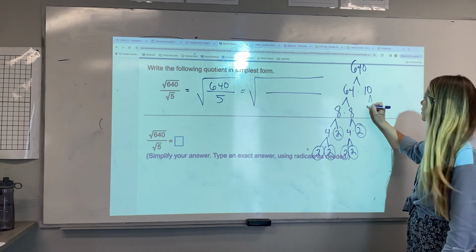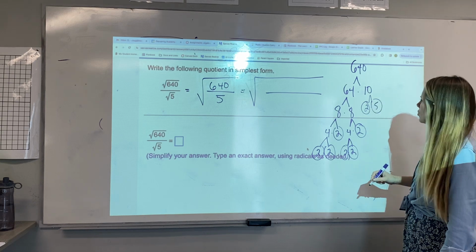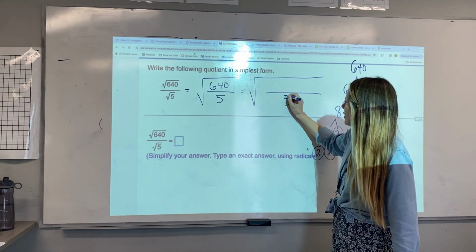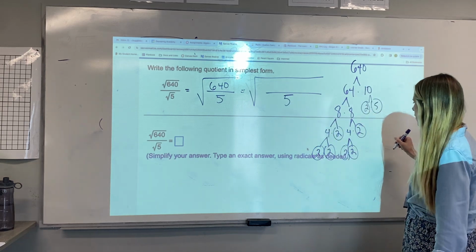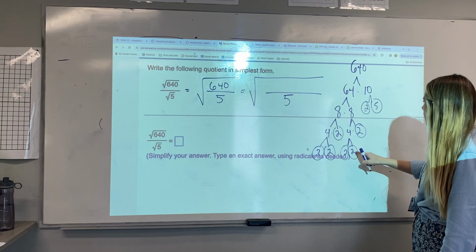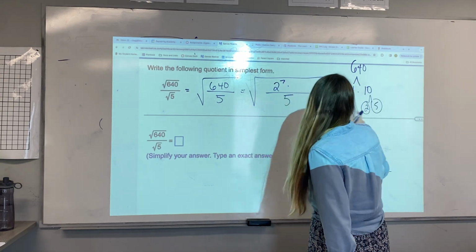Break down the 10 into 2 times 5, and those are prime as well. So I've got a 5 in my denominator, because that can't be broken down anymore. And then I have 1, 2, 3, 4, 5, 6, 7 2s. So that's 2 to the 7th power times 5.